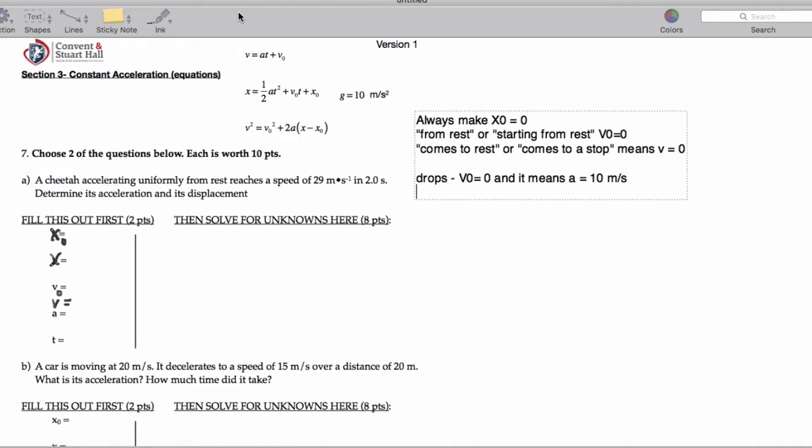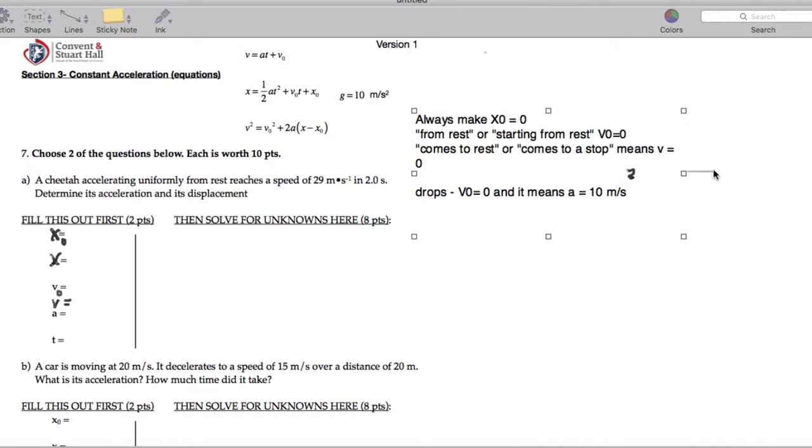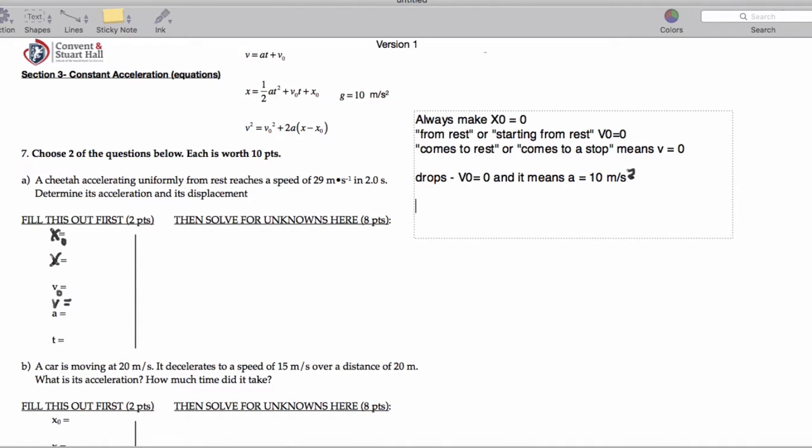And if something falls, it also means that a is 10 meters per second squared.